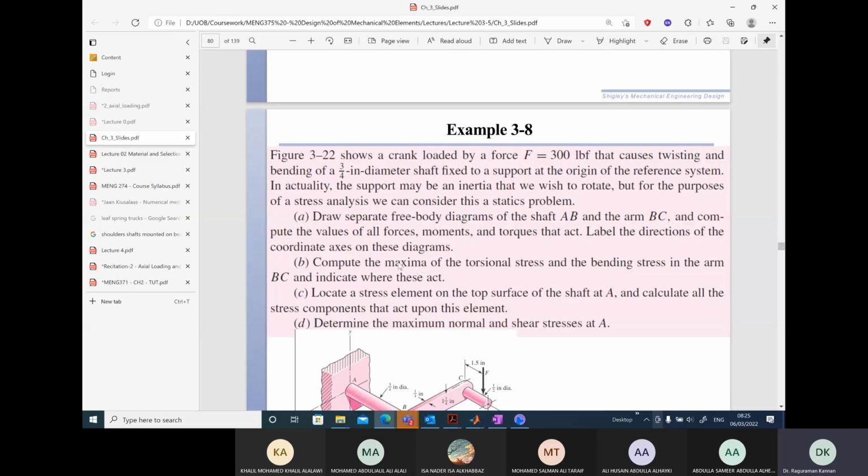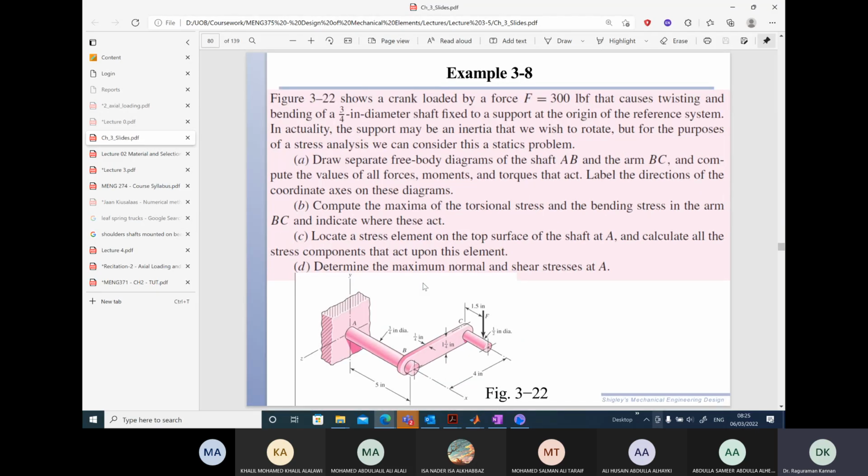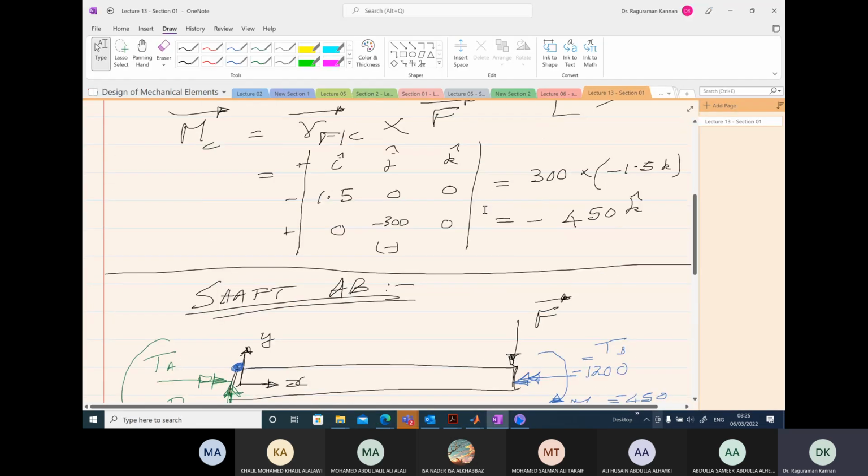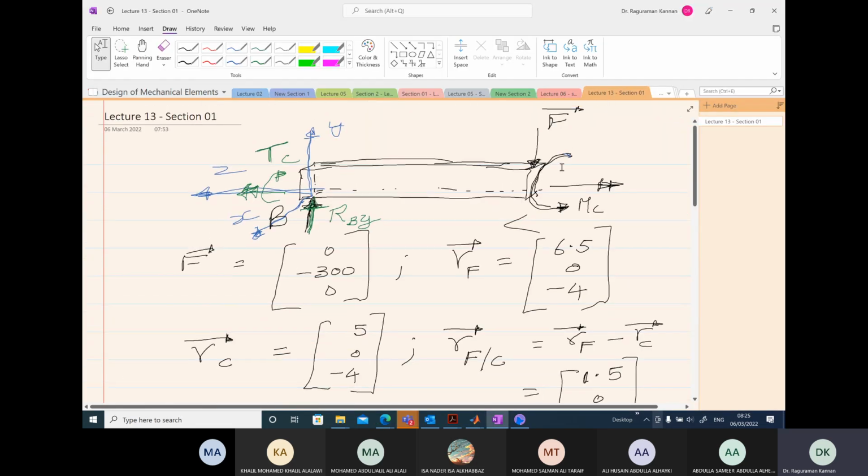You are asked to compute the maximum of the torsional stress and the bending stress in the arm BC and indicate where these act. Let's go back to BC here. We have basically a torque here.